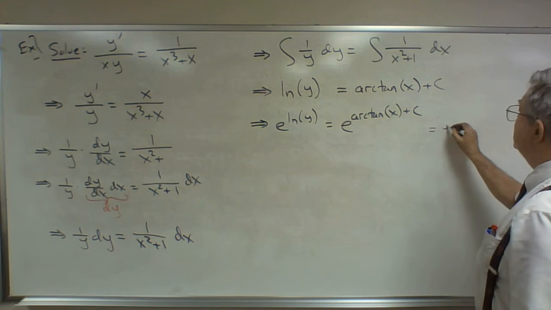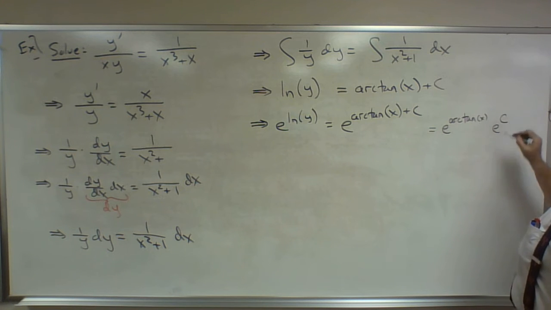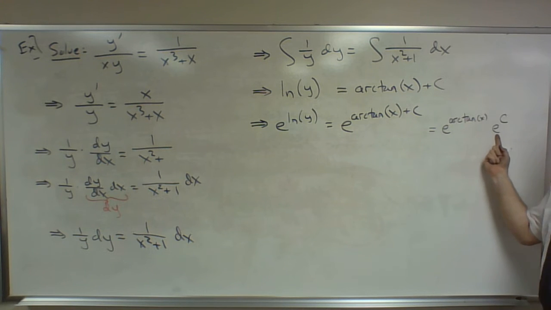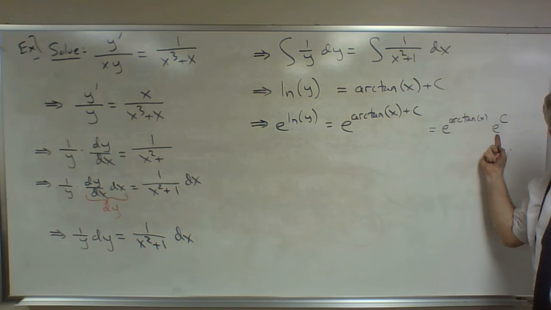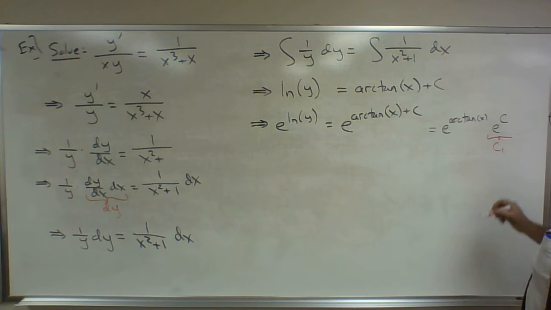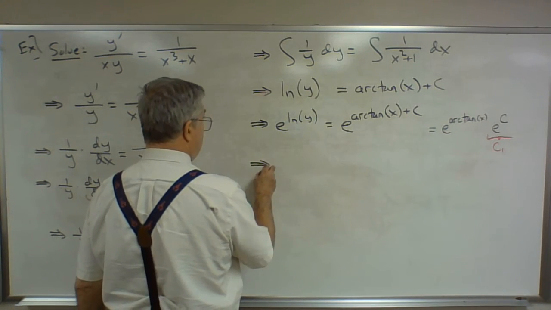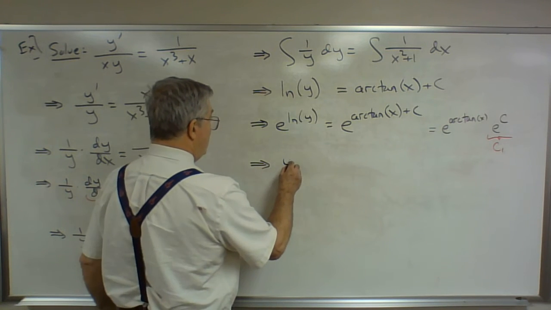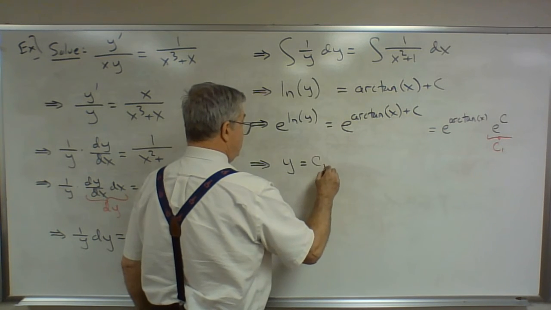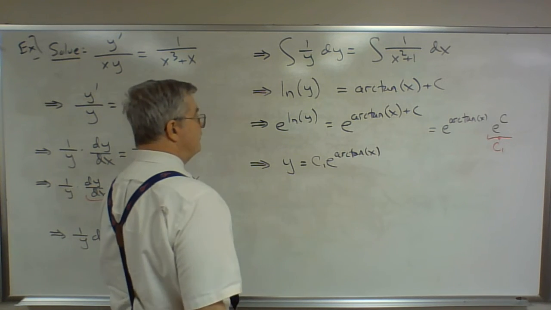So that's e to the power of the first times e to the power of the second. And again, e raised to the power of a constant is what? That's right, another constant. We'll call it C1. e to the natural log of y, that's just y, equals C1 times e to the arctangent of x.